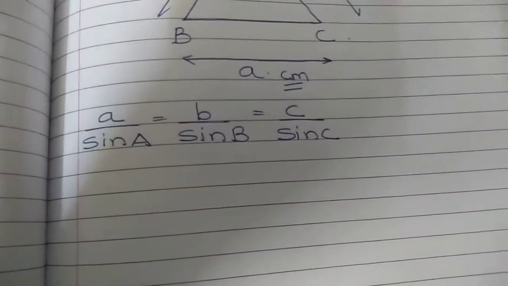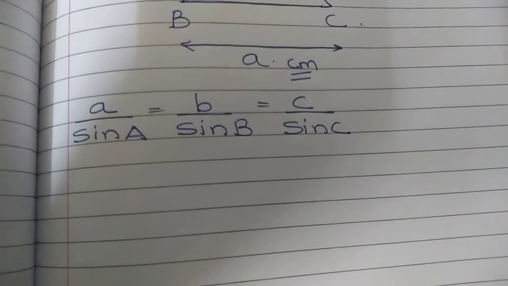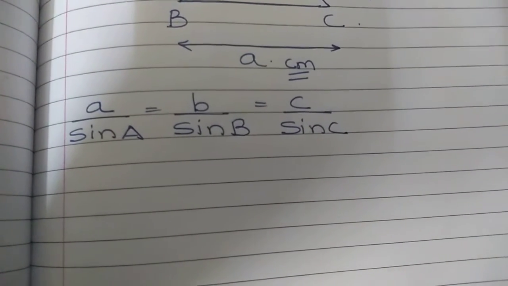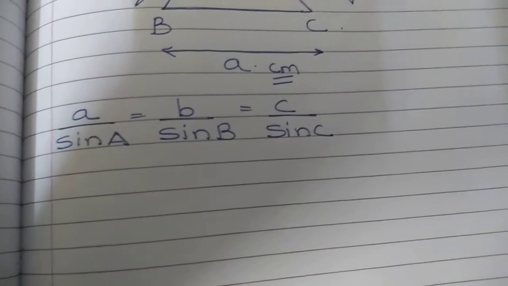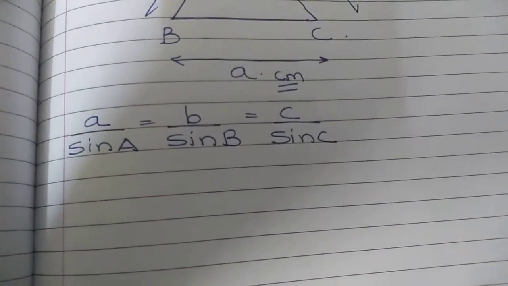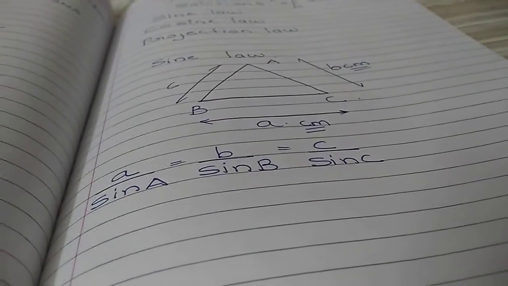And here is the sine rule: A upon sine A is equal to B upon sine B is equal to C upon sine C. And what does the sine rule say?